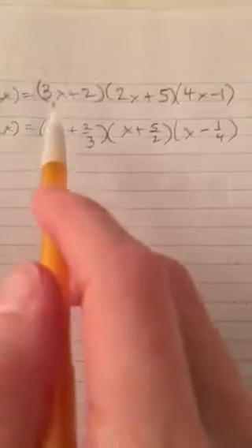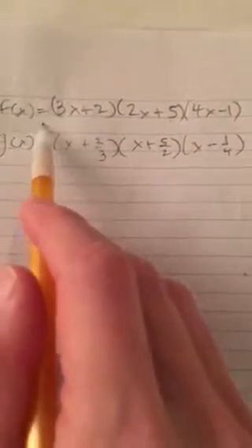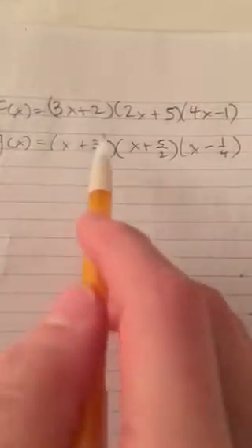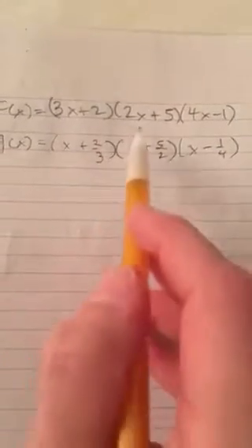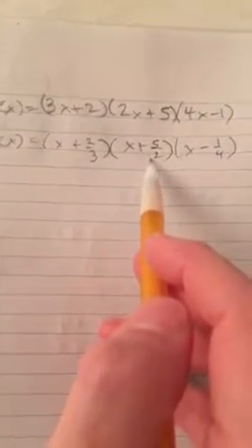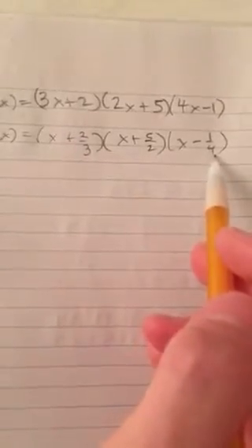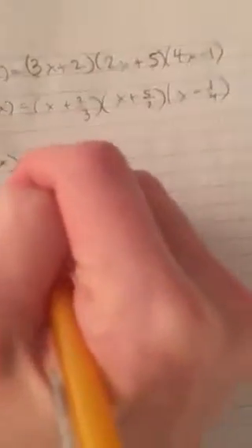Hopefully, as I was writing it, you were noticing some things. The key part that I want you to think about is if I were to factor out a 3, would I not get x plus 2/3? And here, if I were to factor out a 2, divide 5 by 2, would I not get 5/2? Factor out a 4, I would get 1/4. So I really could write this f of x function as 3 times x plus 2/3, right? Distribute that out.